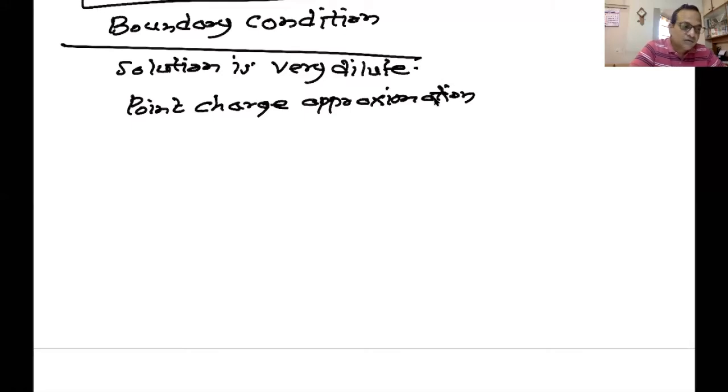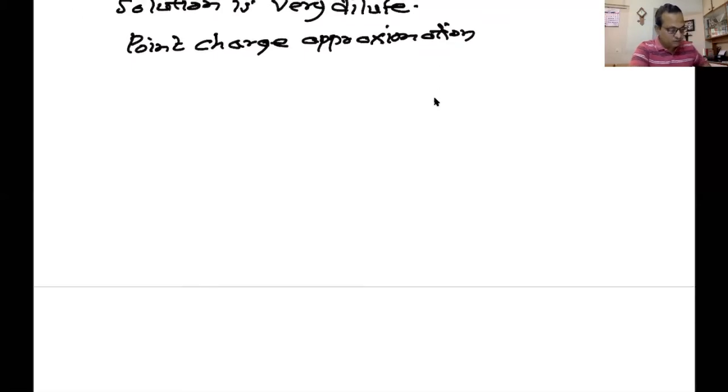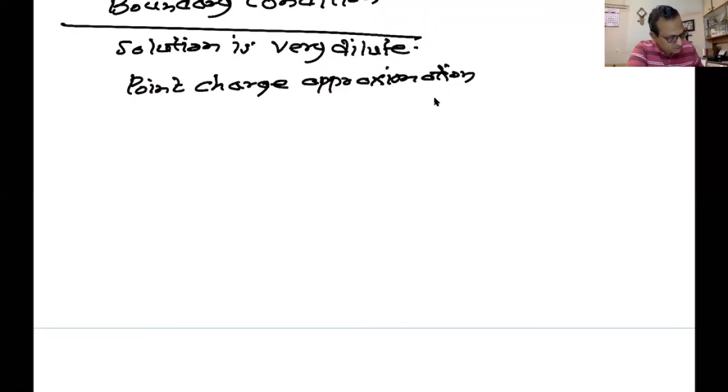But now in my super dilute solution, the cloud is so diffuse and long. In that situation, the electric field around the reference ion is due to that ion itself.